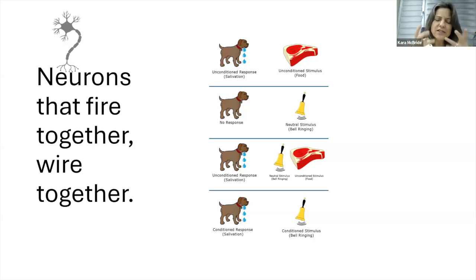Or other kinds of connections like this. So neurons that fire together wire together can help us teach. But we also need to be aware that people who have experienced trauma can be triggered into what seems like irrational behavior by some kind of sound or sight that just got connected to the trauma.